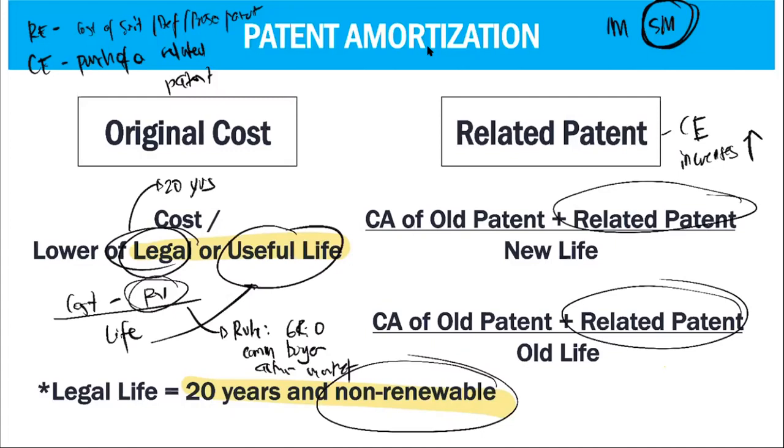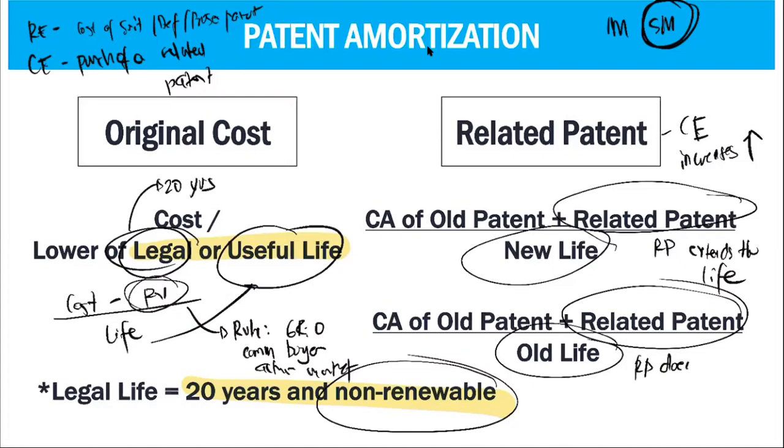Okay. So when do we divide it on your new life, or on your old life? We divide it on your new life if the related patent extends the life of the patent, and on your old life if the related patent does not extend the life of the patent.